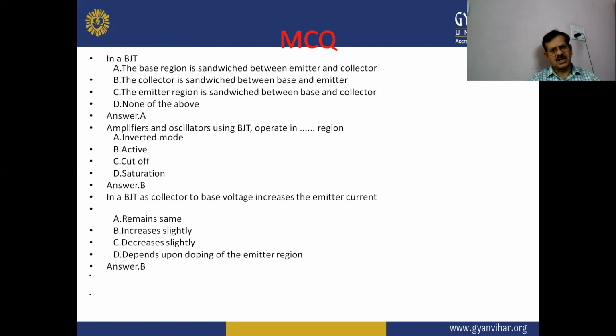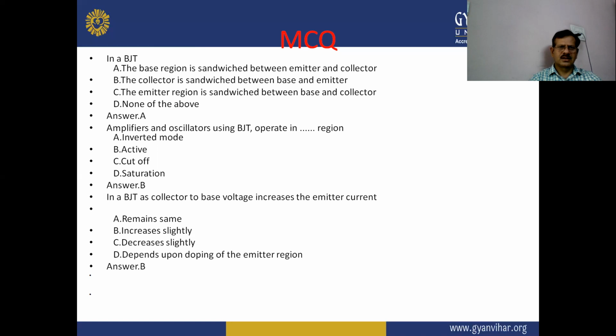So the correct answer here is option B, which is the active mode, because for amplification and use as an oscillator, the BJT must be operated in the active region. So here the correct answer is option B, active region.